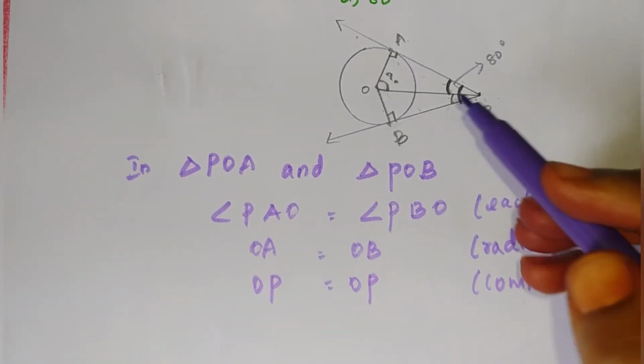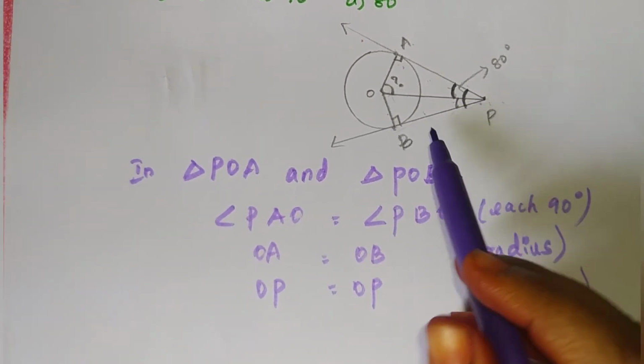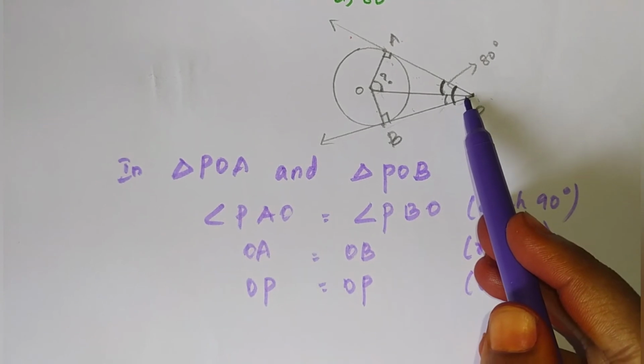Clear? OA is equal to OB, that is radius, and OP is equal to OP, that is common.